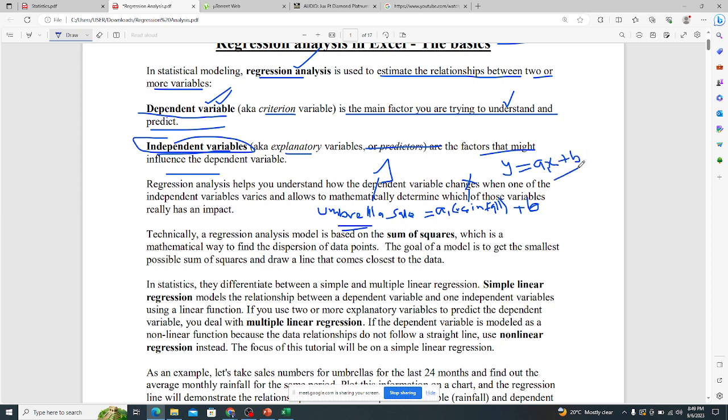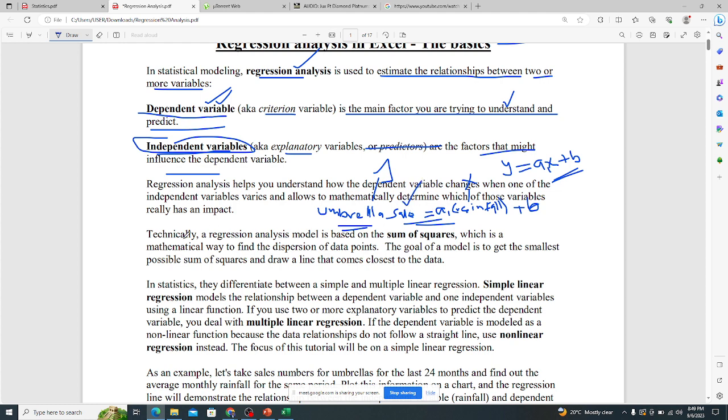So we have a linear expression in our model, which we'll use to predict future umbrella sales.